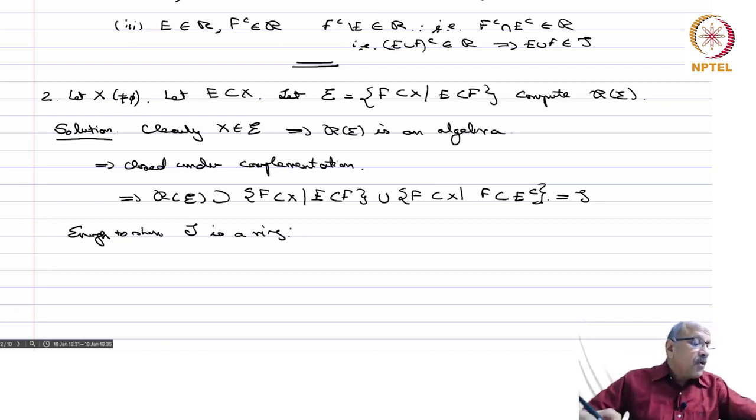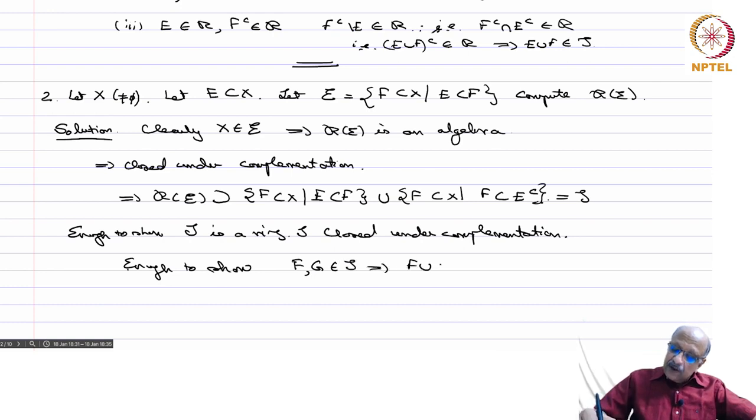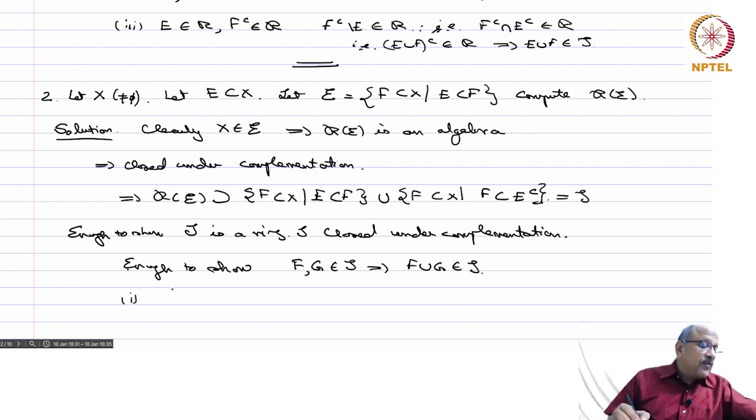Okay, so it is closed under complementation, and therefore enough to show, for F, G in S, that F union G belongs to S. So again we have to take the cases.